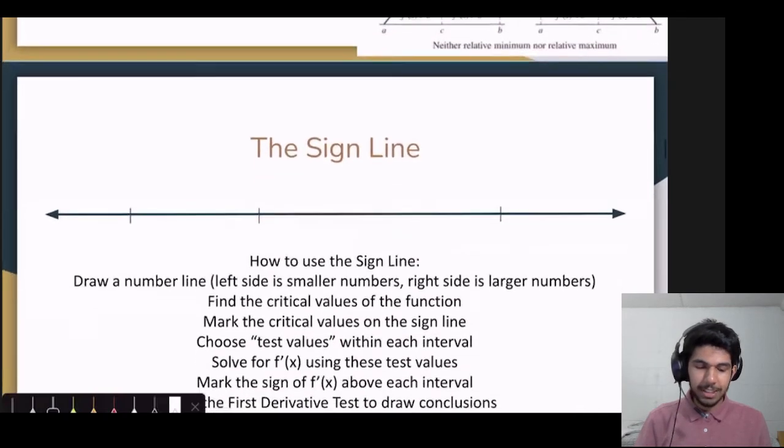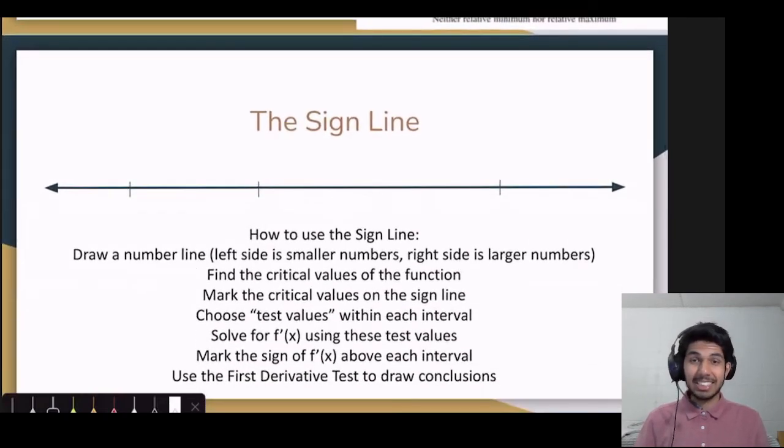And to do that classification, we're going to introduce the sign line. So it's literally just a line, but we need to learn how to use it. First step is to draw a number line, what I've drawn above. The left side is like the smaller numbers, right side is the larger numbers, just like a normal number line. Next, we find all the critical values of the function, just what we've been doing.